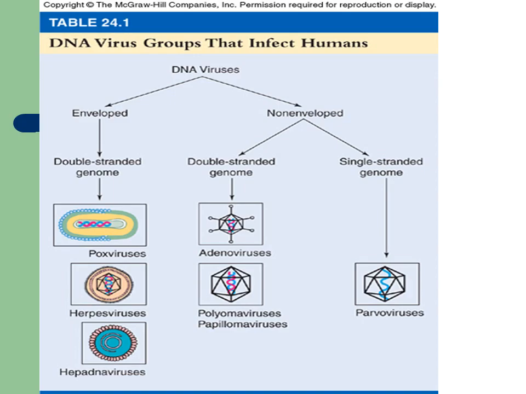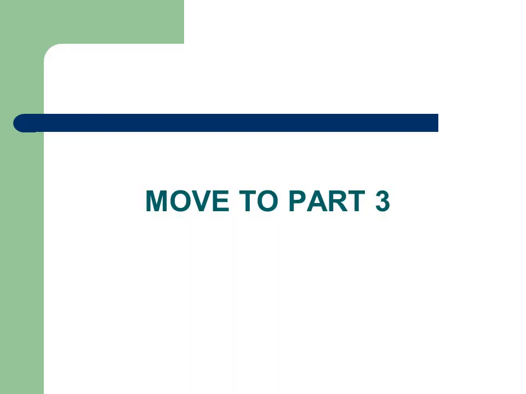So in that sense, viruses can be a little more simple, but they are complex organisms. So we're now going to move on to the third part of this lecture where we will start talking about all the different DNA viruses first, and then we'll move into the RNA viruses.